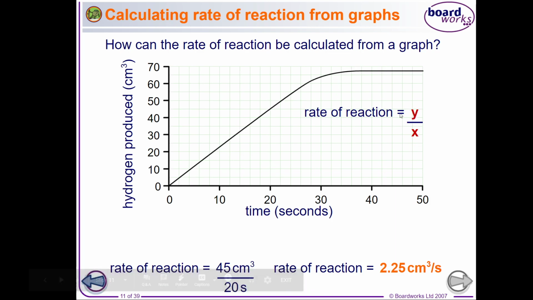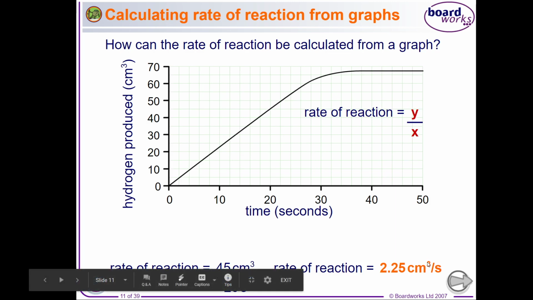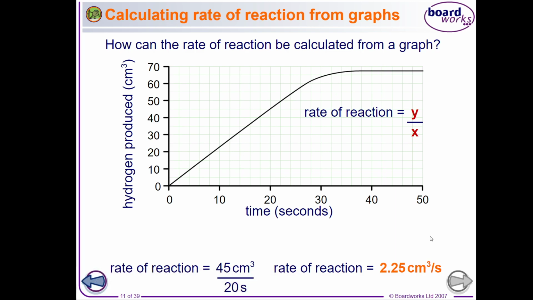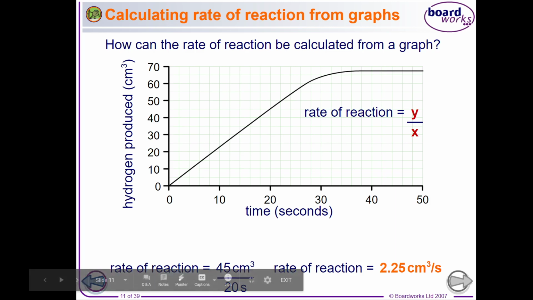And our rate of reaction is always going to be our y value divided by x, okay? It's essentially always going to end up being our unit that we're going to be able to convert to moles, or number of particles, divided by seconds, okay?